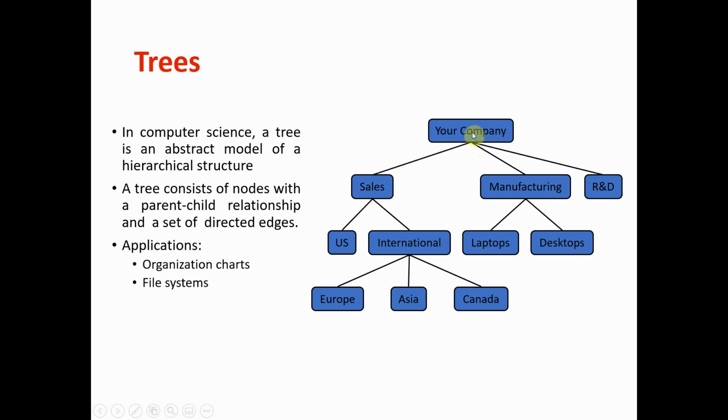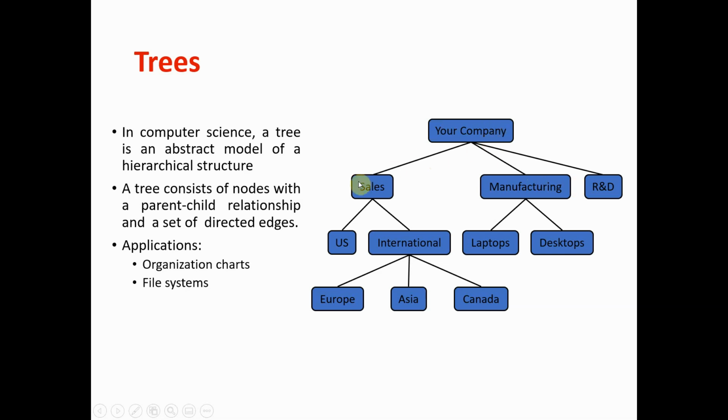The direction goes from top to the bottom. And the nodes that get connected have a parent-child relationship. So here, for example, this node is parent for these three nodes. These three nodes are considered children of this node.